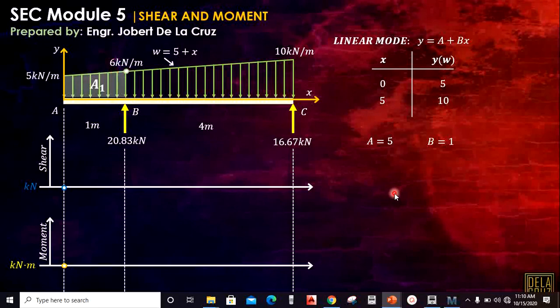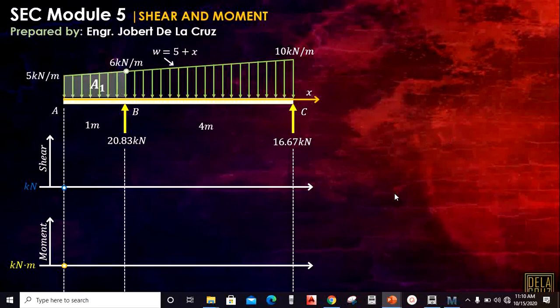Now we can get the area there. Area 1 is just the area of the trapezoid. I will input negative since that is downward shear: negative 1/2 of 5 plus 6 times 1. That is negative 5.5. From initially 0 shear, it gives an abrupt change, since the area is the change in shear between two points.